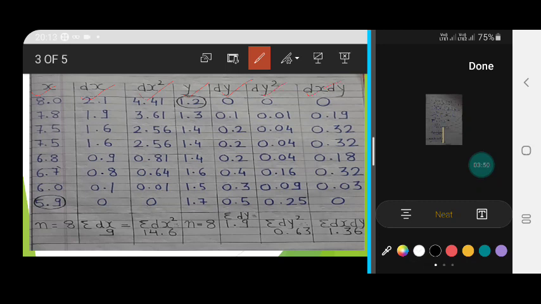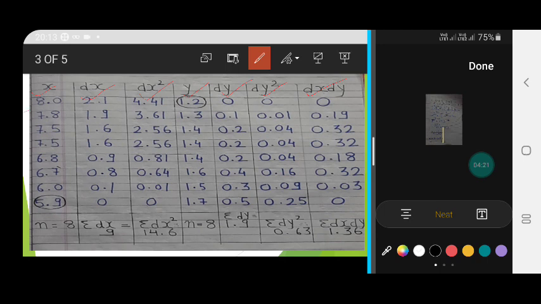Then we have to see what has been given in the question. In the question, the X values under the X series and the values under the Y series are given. So here we are going to put the values under the X series in the X column and values under the Y series in the Y column. So here we have done the same.